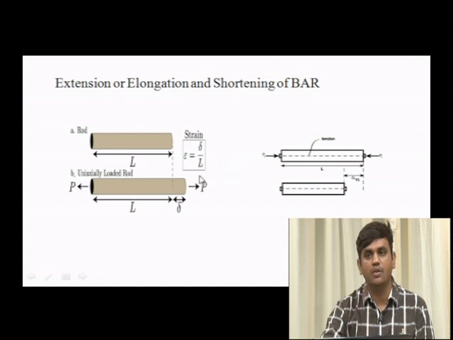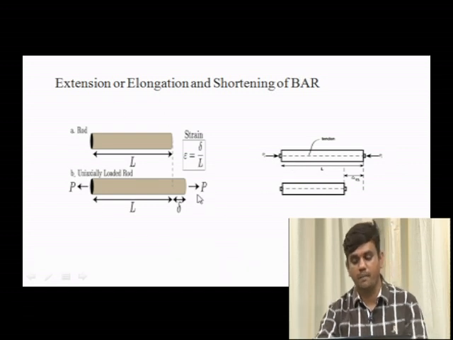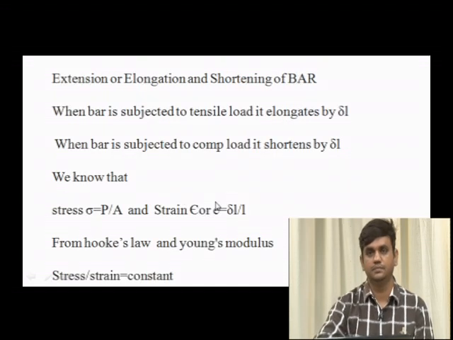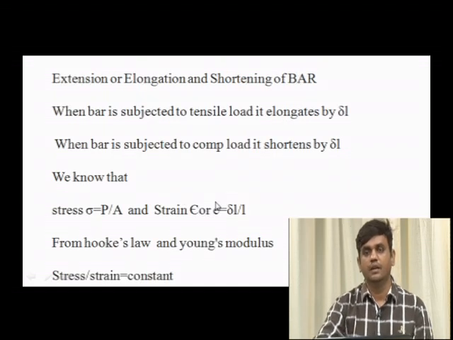Here it is elongation or extension of the bar. In this one, shortening of the bar, that is compressive. Elongation, tensile. You can see the change in length, which we should observe carefully.